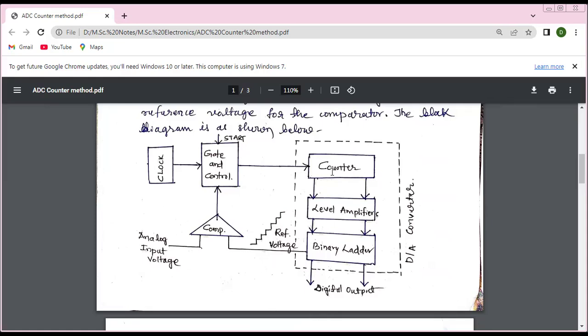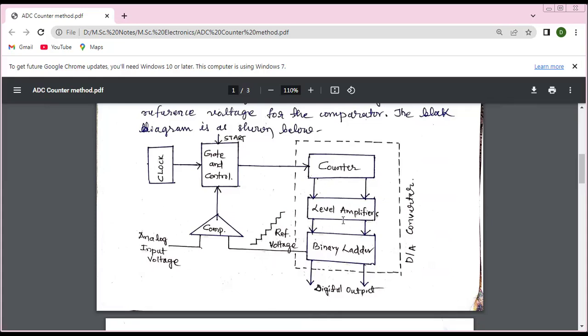So here a counter is there. It is a binary counter. Its basic function is to count the incoming pulses, and level amplifiers are there. The level amplifiers are used to correct the voltage if some small difference is created during this process of conversion.